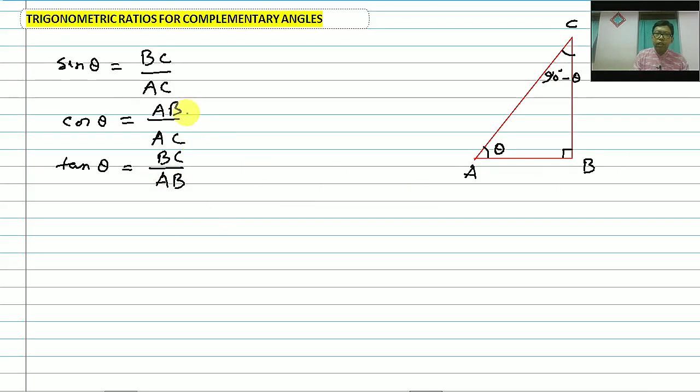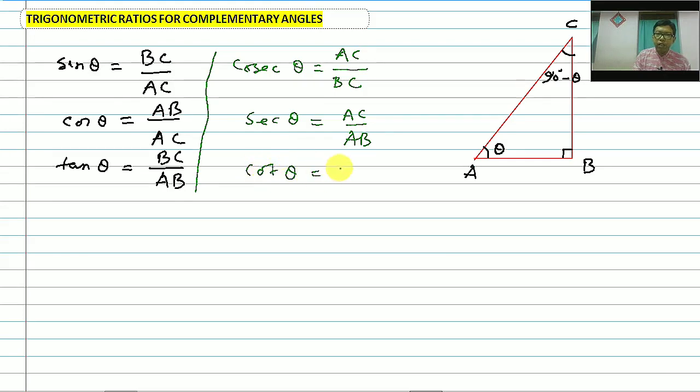Sine's reciprocal is cosec, so cosec of theta is equal to AC upon BC. Next is sec theta, the reciprocal of cos theta, so AC upon AB. And finally cot theta, the reciprocal of tan theta, is AB upon BC. So all the trigonometric ratios for the angle theta are written.